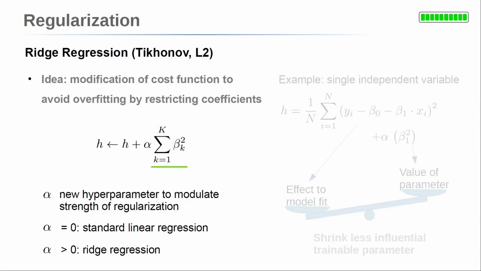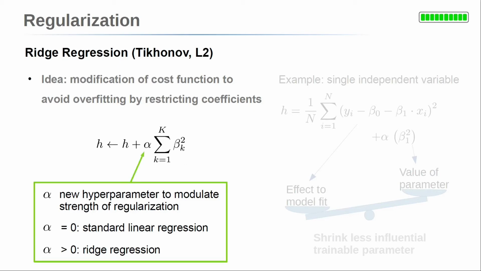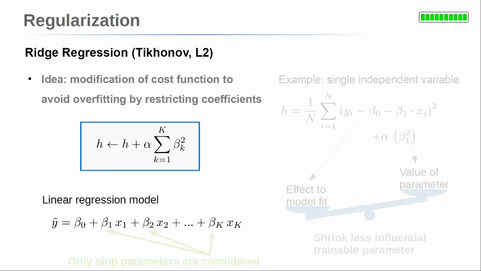The cost function is modified by adding the sum of the squared trainable parameters. This sum is scaled by a factor alpha, which controls the strength of regularization. For the linear model, this regularization is called ridge regression. Note that the linear model usually only takes the slope parameters of the model into account for regularization.